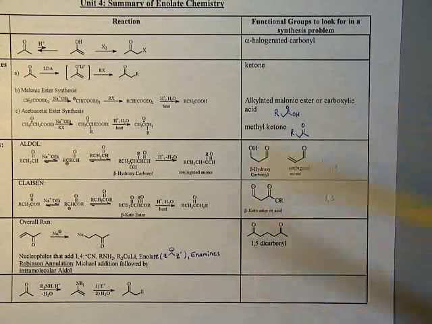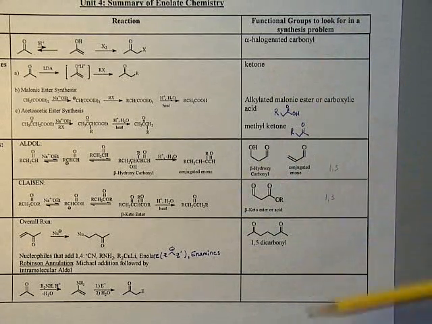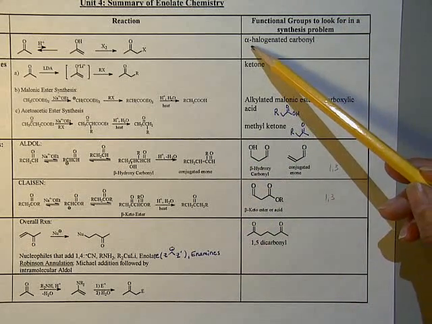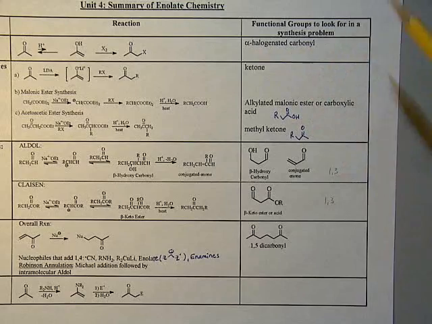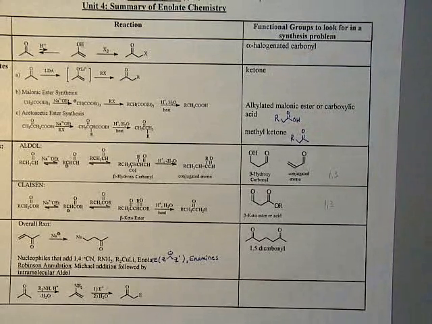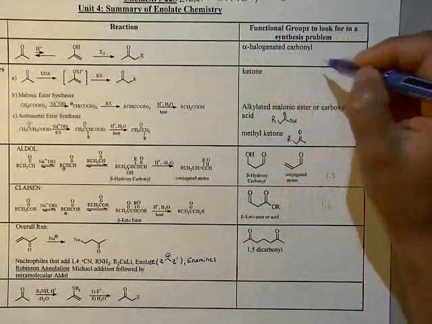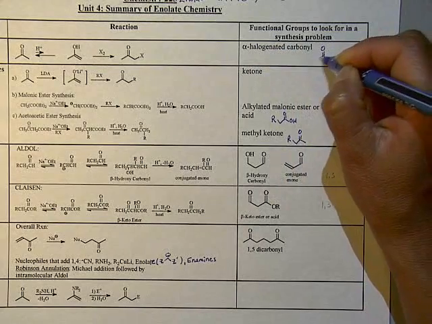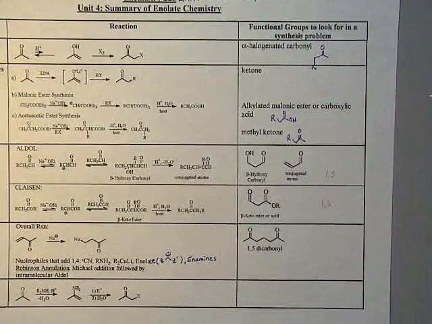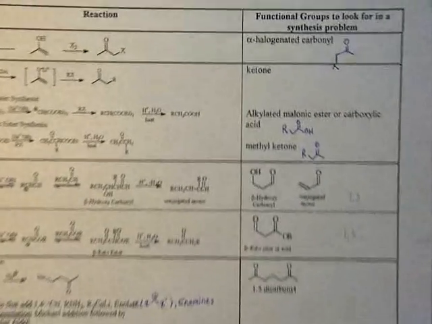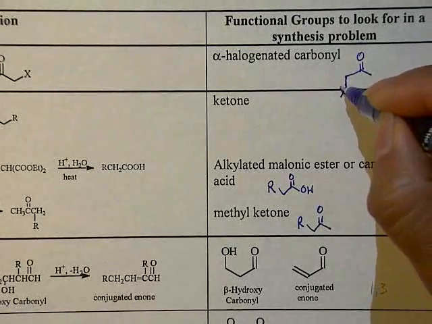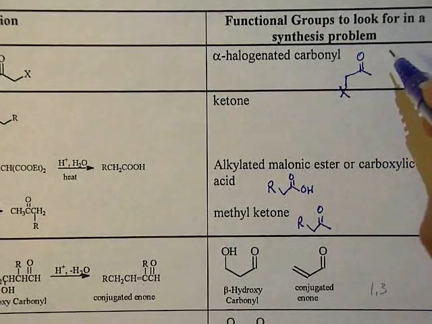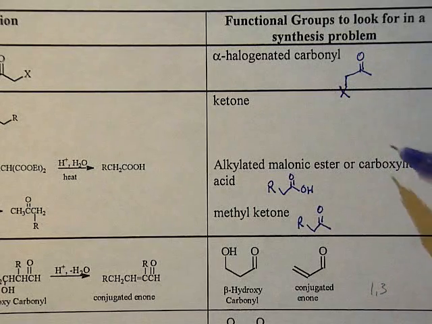So that's the step that I'm doing here. So for example, in your product, if you see a halogenated carbonyl, in other words, alpha halogenated, if you see something like this, then you know that you're going to use an enolate and then a halogen as your electrophile, right?